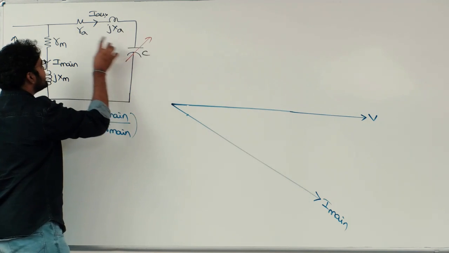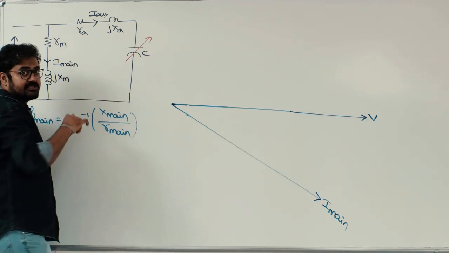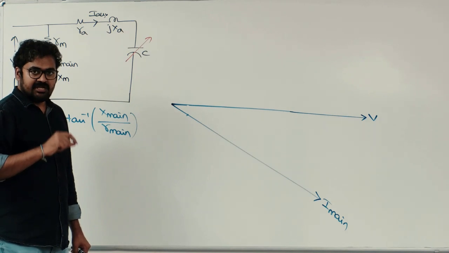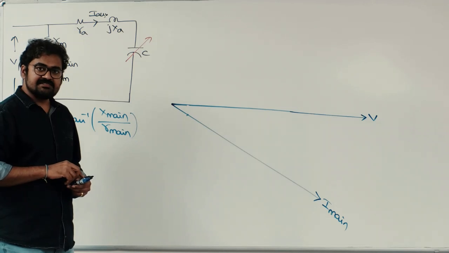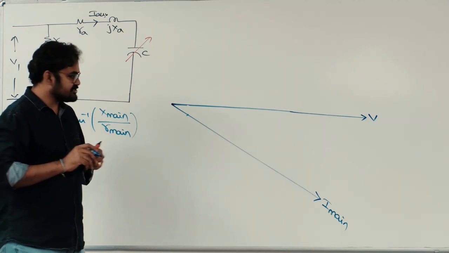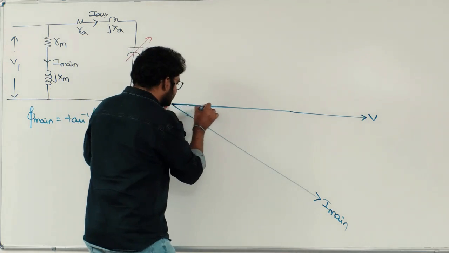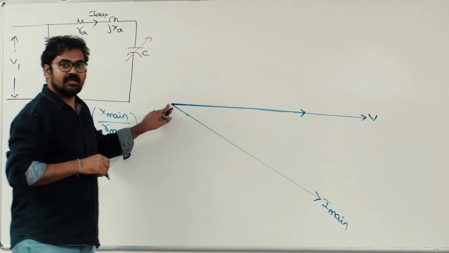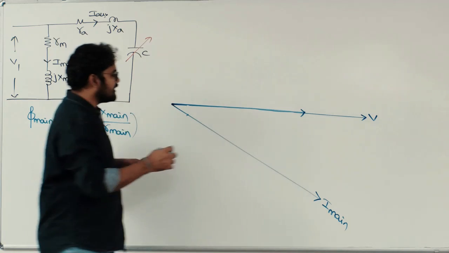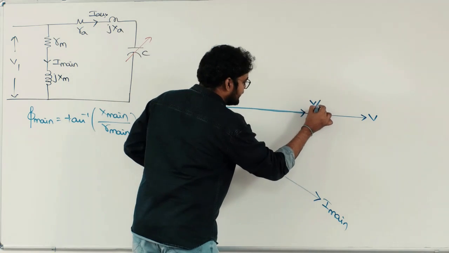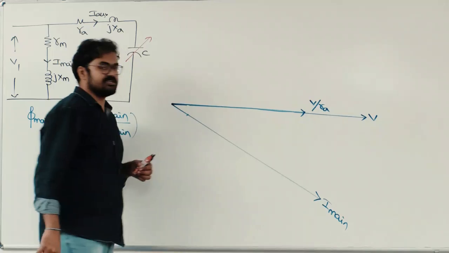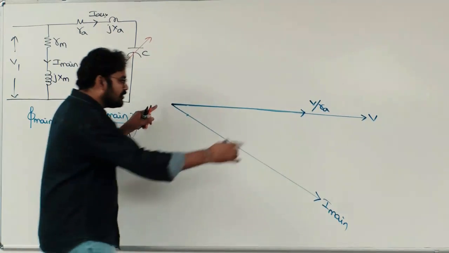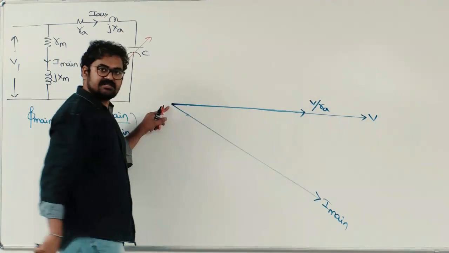Both will cancel each other, then the auxiliary circuit becomes purely resistive. If it is purely resistive, can I say current will be in phase with voltage? We will get the current vector like this. And what would be the magnitude of that current? Simply V by R auxiliary. And that would be the diameter of the semicircle, isn't it?